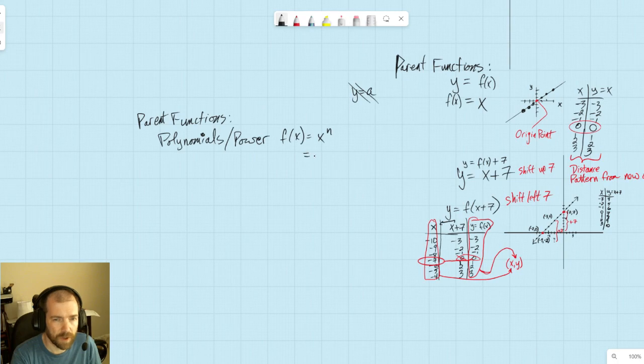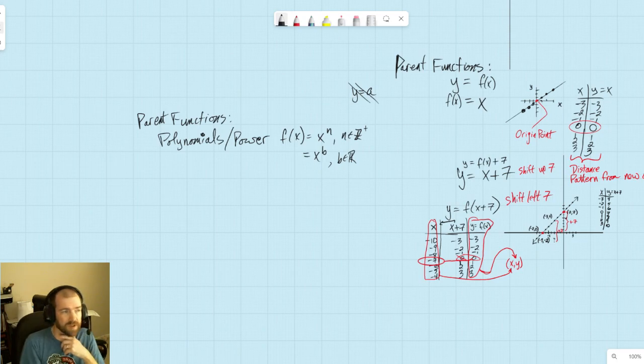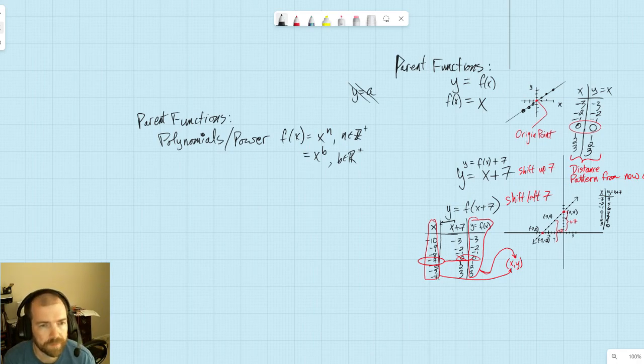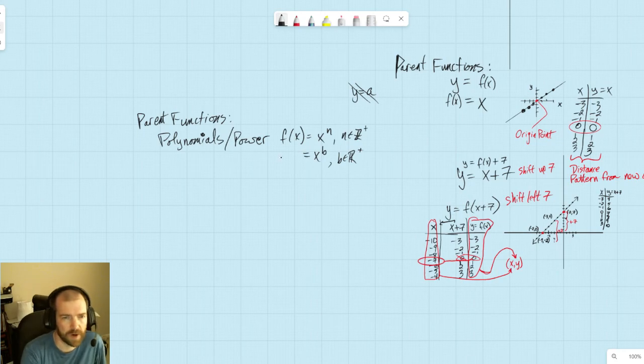And generally speaking, we can also make this x to the b power, where b is just any real number, or n is particularly a positive integer. Doesn't much matter, we can do anything we want here. Generally, power functions are positive real numbers as well. All right, so polynomials and power functions are like that.